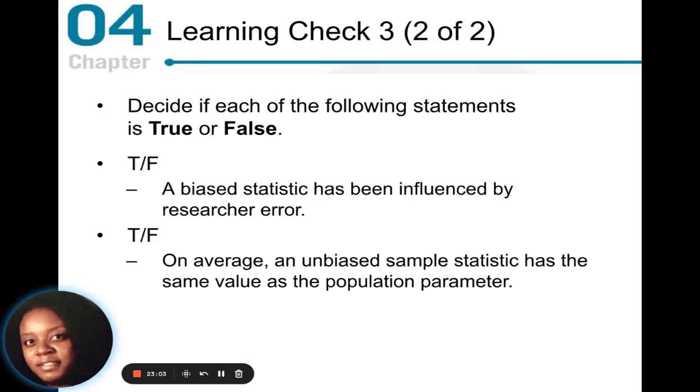Let's have another learning check. True or false: a biased statistic has been influenced by researcher error. True or false: on average, an unbiased sample statistic has the same value as the population parameter. Take a few moments and think about whether these statements are true or false.